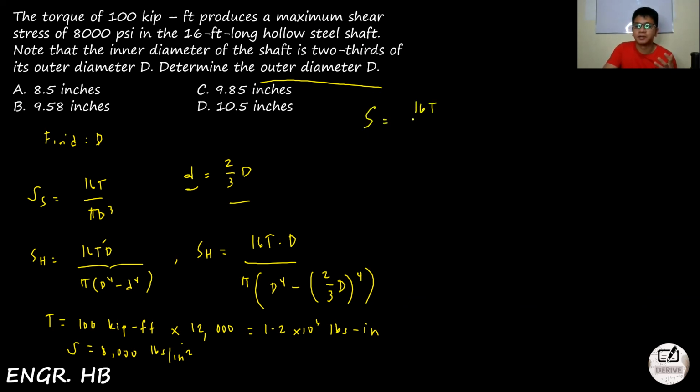So we may use this formula: 16T over pi d cubed, but with a factor of 1 divided by 1 minus b to the 4. So what is that b?